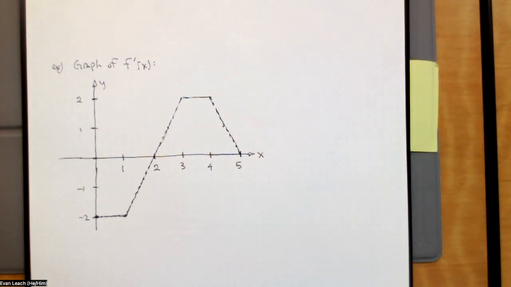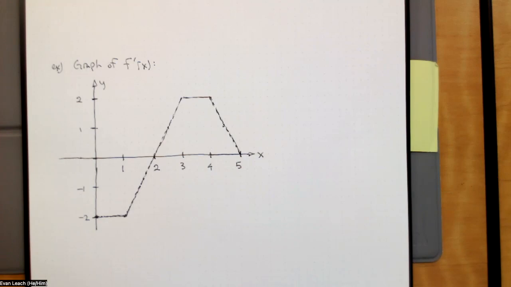So this is the graph of the derivative of little f. The reason that I pick line segments is that it makes area really easy to calculate. I've got rectangles and triangles, and those are easy areas to calculate.